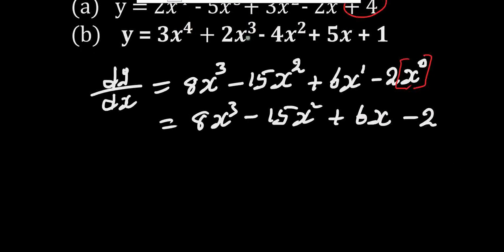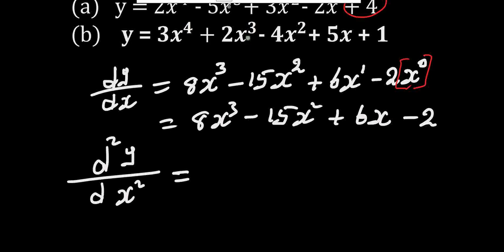And now we are going to take the second derivative. So this will be d squared y over dx squared equals, so we are going to differentiate the answer we got in the first derivative. So 3 times 8, that is 24. So we have 24, reduce 3 by 1, so this will become x squared. And next, we are going to use this 2 to multiply 15, and that will give us negative 30.